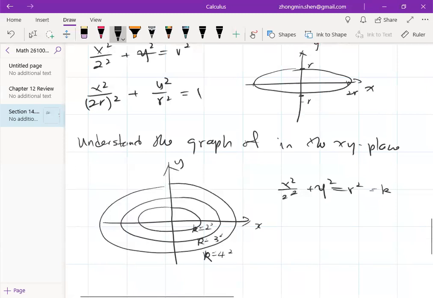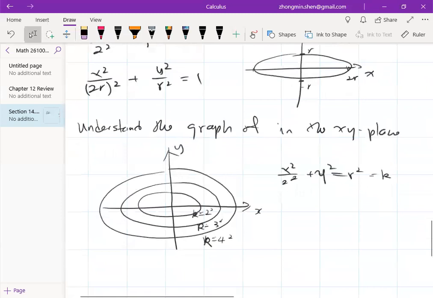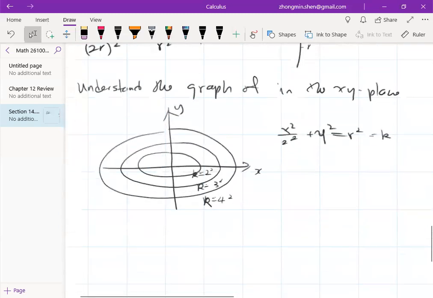Those curves are called level curves, because the graph will be at the same level above each curve.